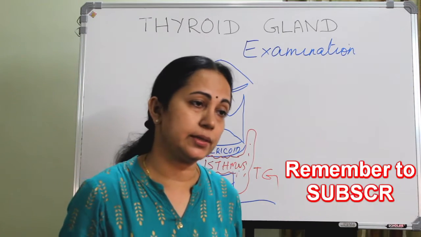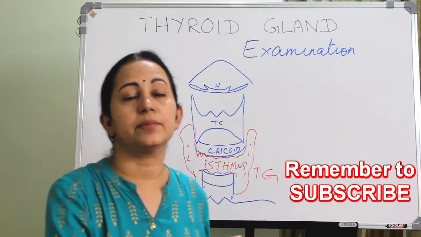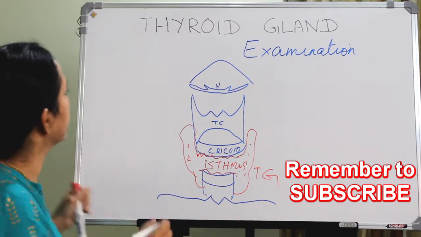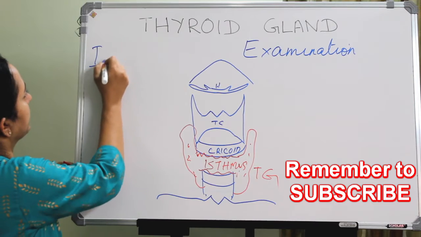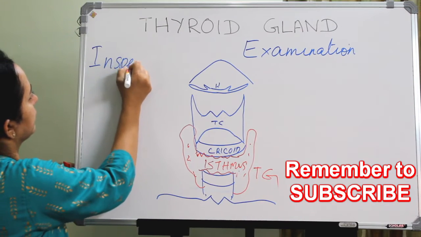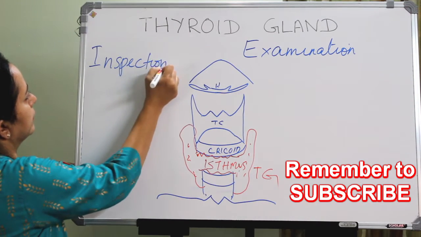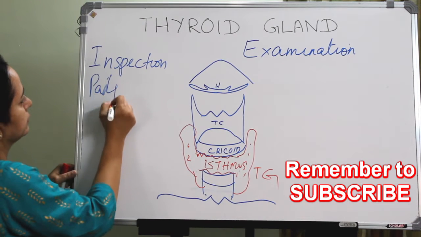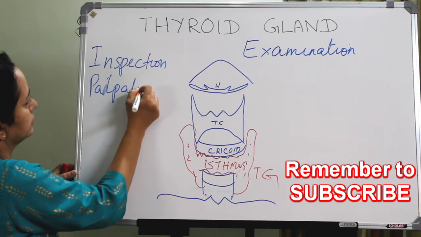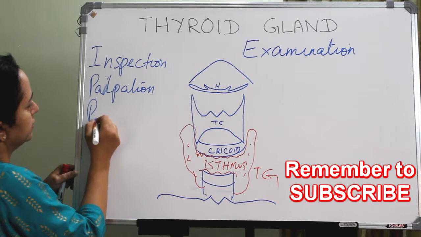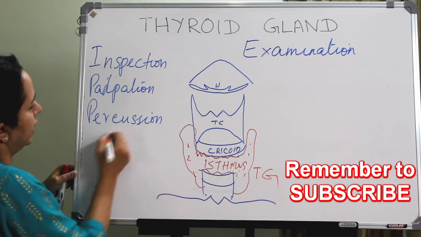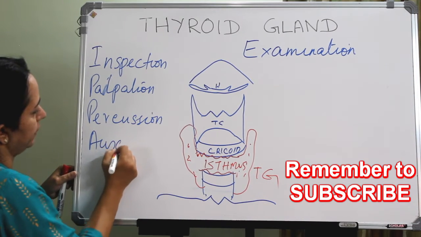Like any other swellings in the body, the examination of thyroid gland also contains 4 methods. One is inspection, then palpation, percussion, and auscultation. Okay.